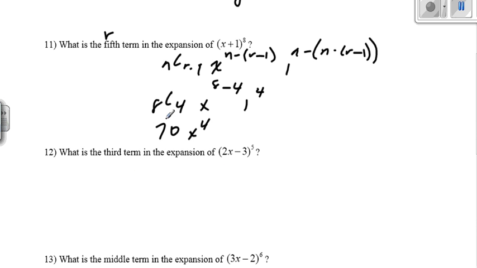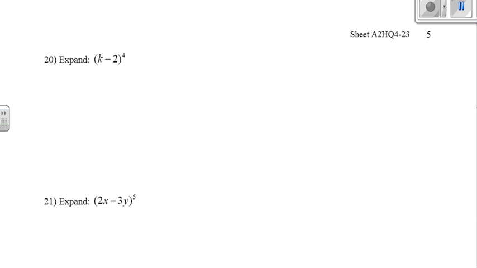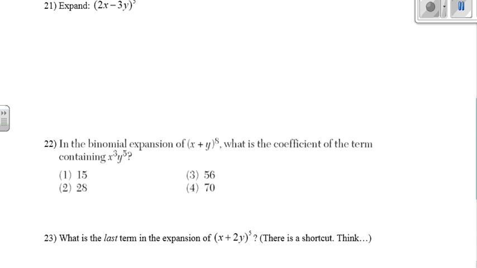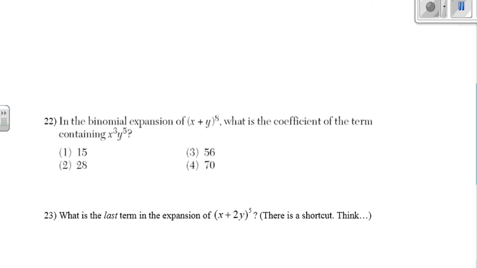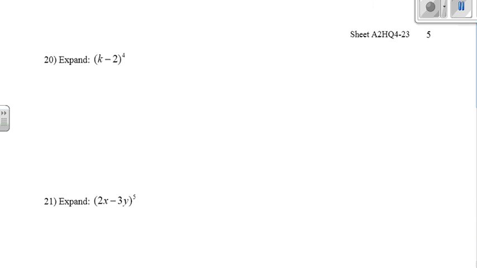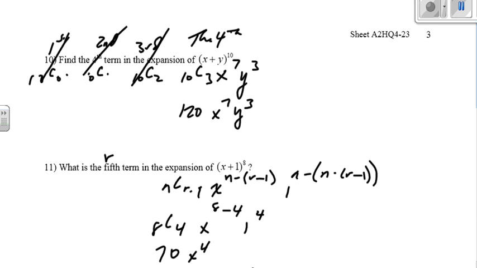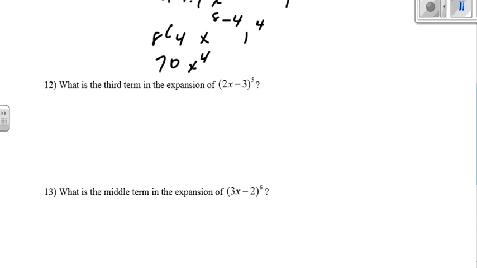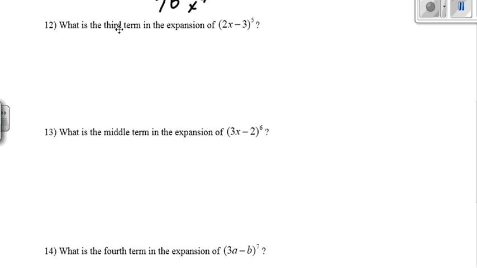Alright, what is the third term? So I gave you the formula over here. It's the one less. Okay. So here we have the third term. So we know that this is the r.